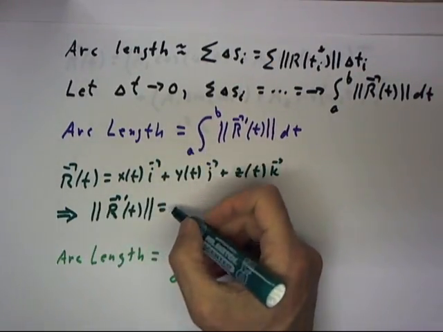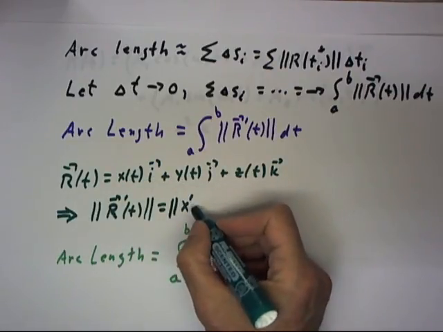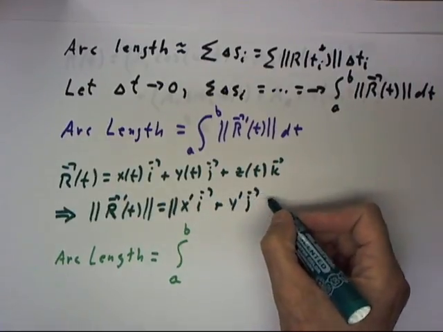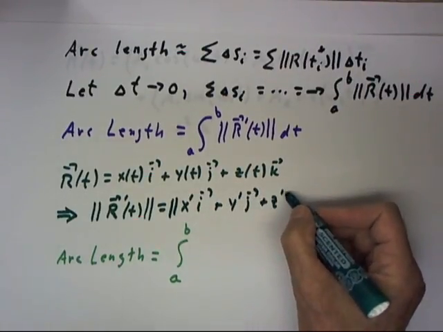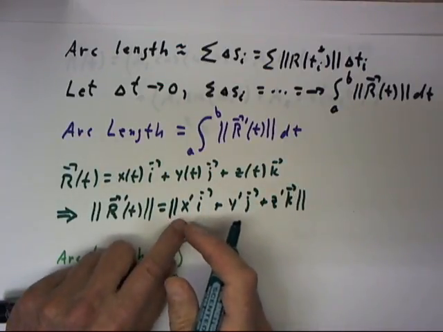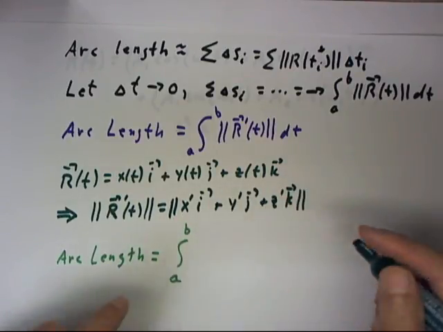Well, R prime of t is just x prime i plus y prime j plus z prime k, where this x prime means x prime of t, y prime of t, z prime of t.